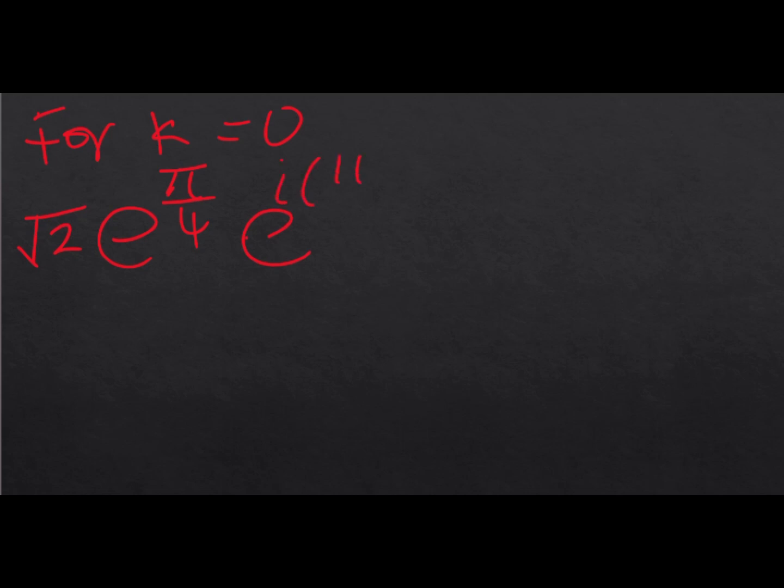Let me find for k equal to 0. So for k equal to 0, we would have square root of 2 and e raised to the power, and the 2 pi k will just go because k is 0, and we have pi over 4. And we have e raised to the power i open bracket pi over 4, the 2 pi k will just go because k is 0, and then you have just a minus natural log of square root of 2.